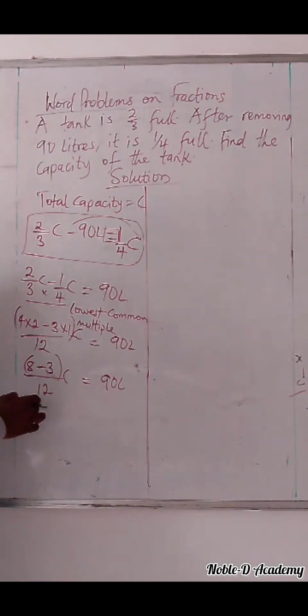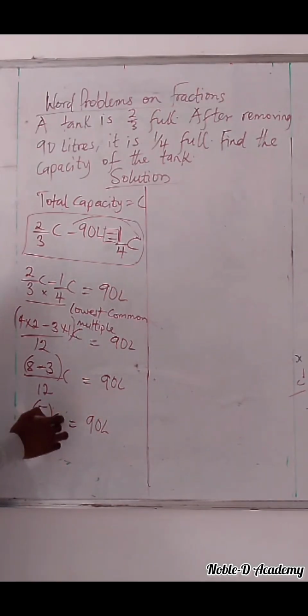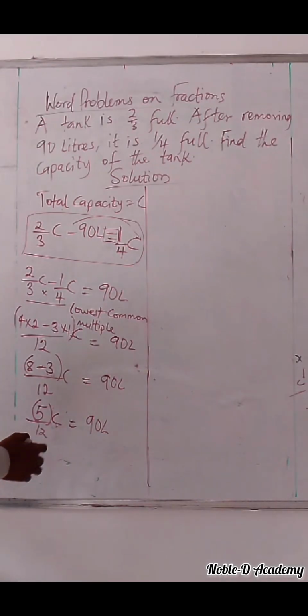So we're going to be having 5/12 bracket C is equal to 90 liters, or we can even just remove the bracket, it doesn't matter anymore. So we have 5C over 12 is equal to 90 liters. How do we go about this fraction?